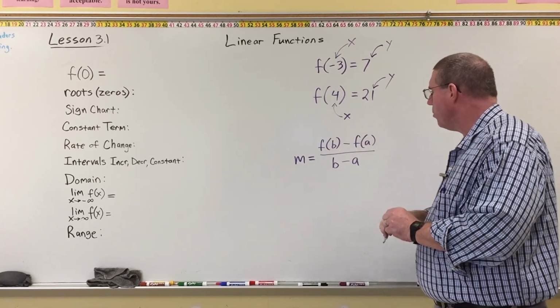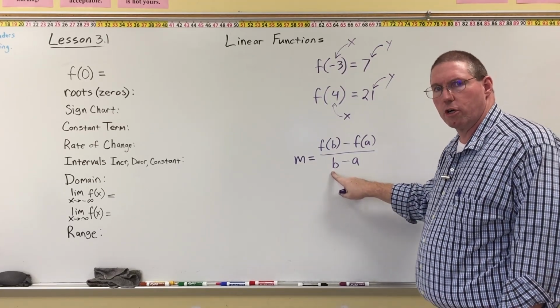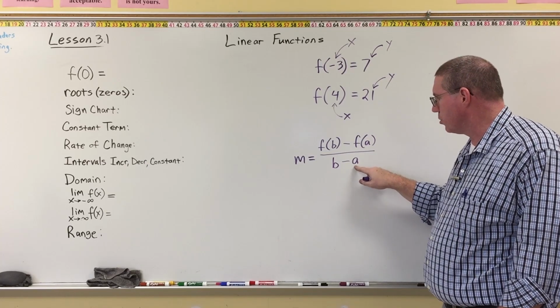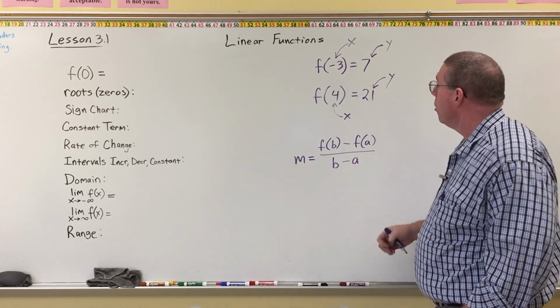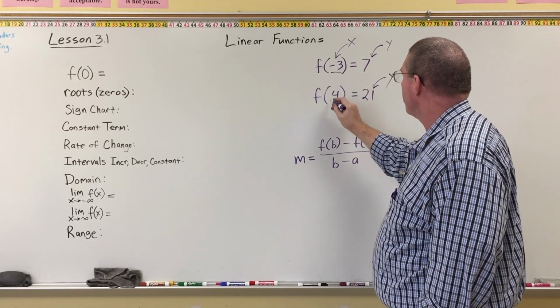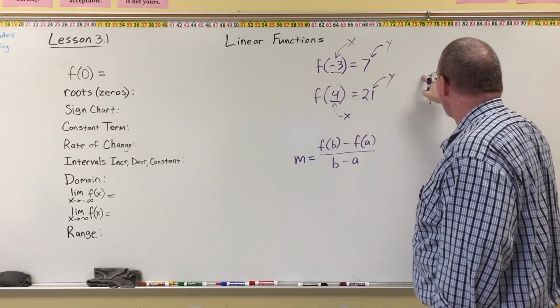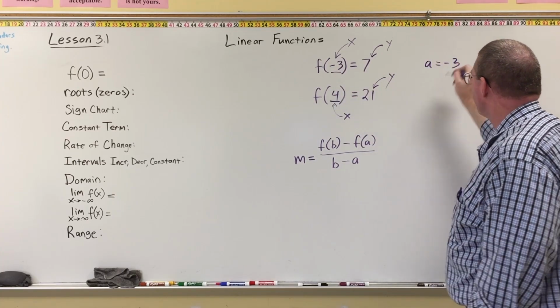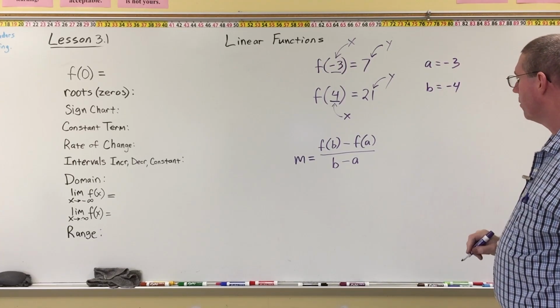Remember we said previously that a is usually the smaller x value and b is usually the larger x value. Well, let's look at the x values we're dealing with. We're dealing with a -3 and a +4. So we'll say that a is equal to -3, and we'll say that b is equal to -4.